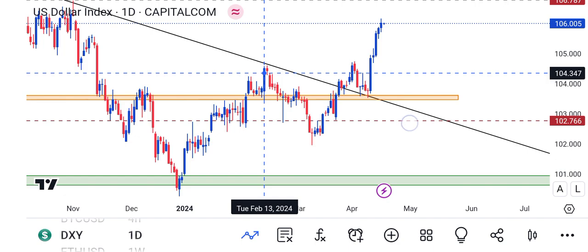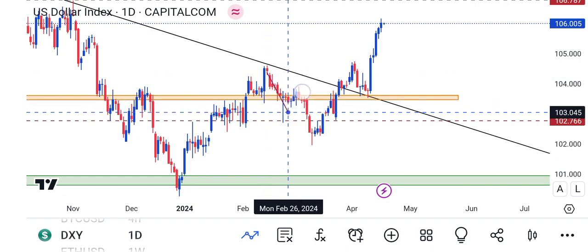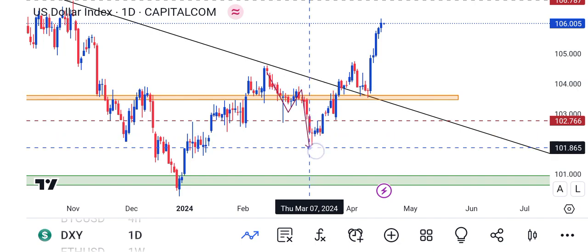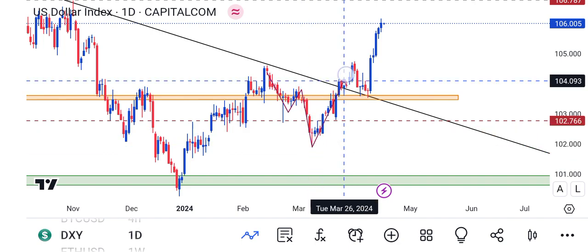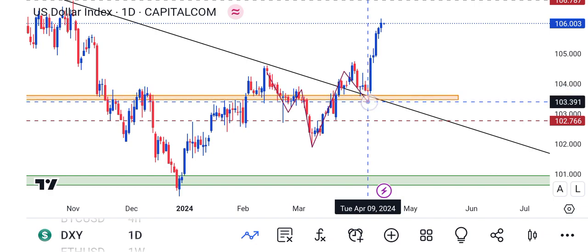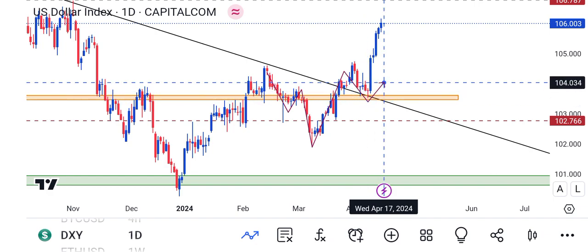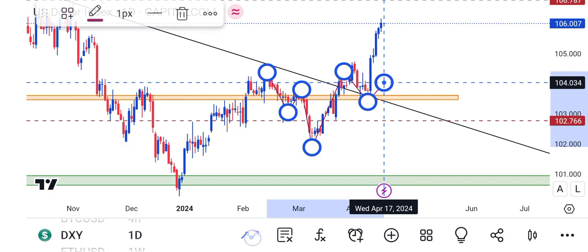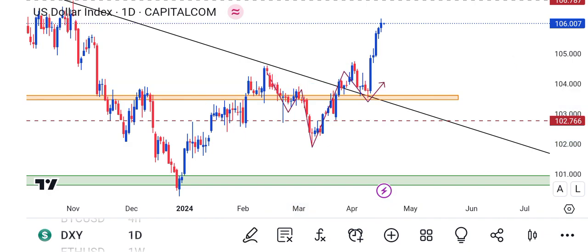From this point it gave us the left shoulder, the neck, the head. It broke above this counter trend line, gave us the right shoulder, then boom, it's now going up. So the DXY is in an uptrend.